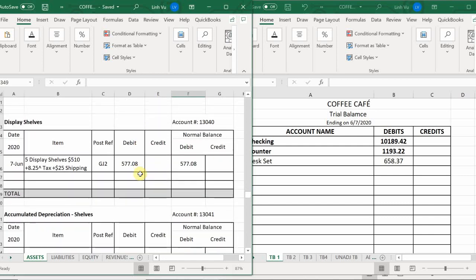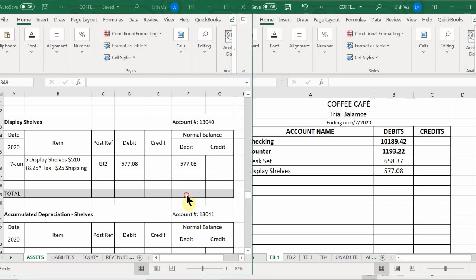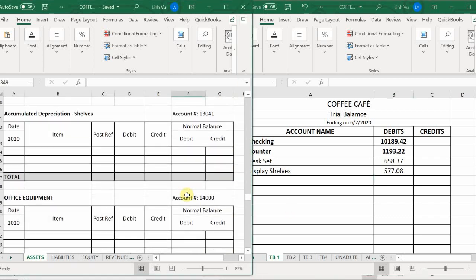What's the next account that I have here? The display. Yes, I do. I have display shelves, which is $577.08. This is where you need to be very careful with typing, because you could make a typo transferring the information over.